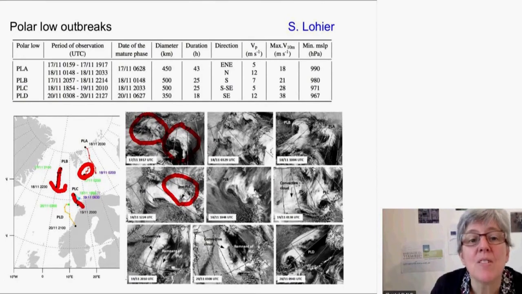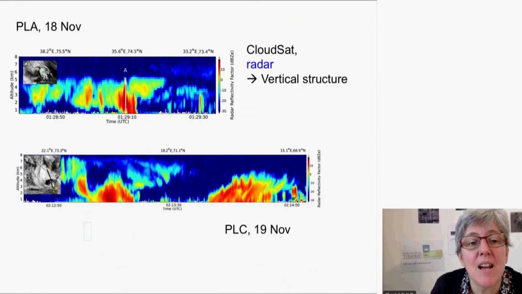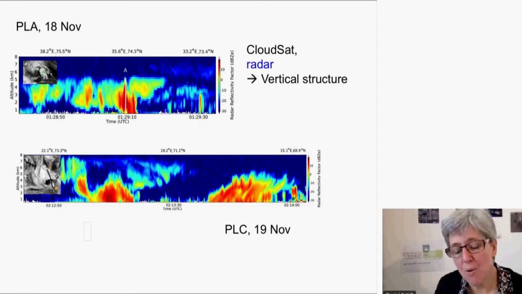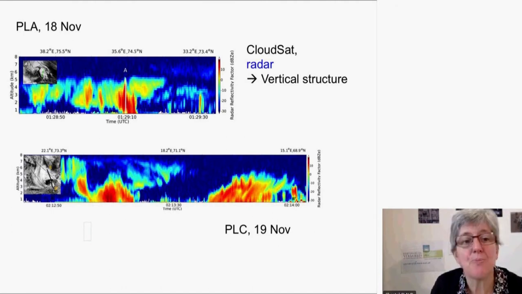What is interesting with this case is that now that we have more satellites, more precise and different instruments to look at these systems. We have satellite imagery, as I showed before, but we do have also satellite radar, which are able to indicate what is the vertical structure of the clouds.